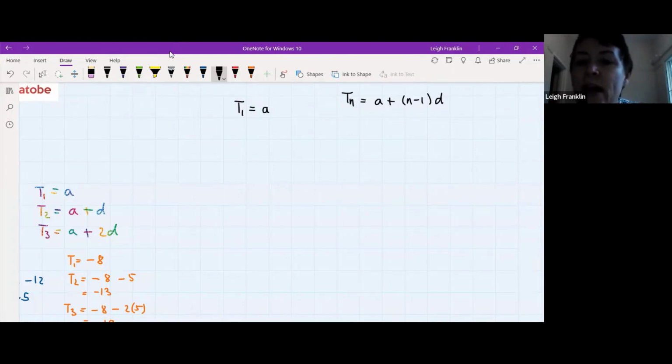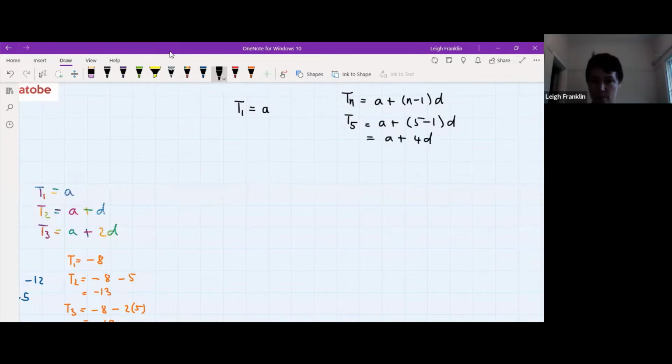So in other words, if I want to write term 5, it is a plus 5 minus 1d. So that's where the a plus 4d, for example, comes from. All right, so there's always going to be one less d than term number.